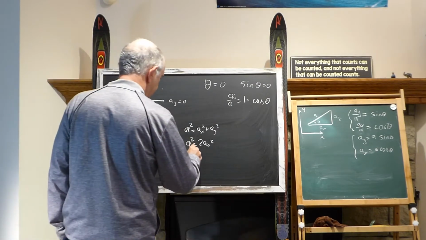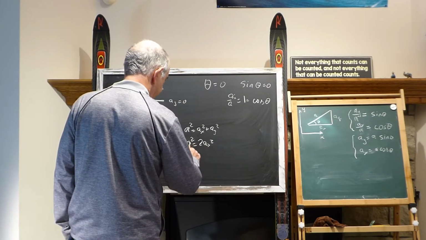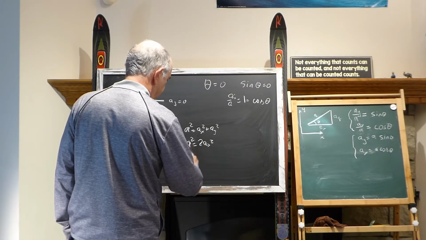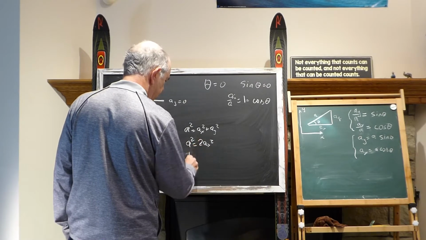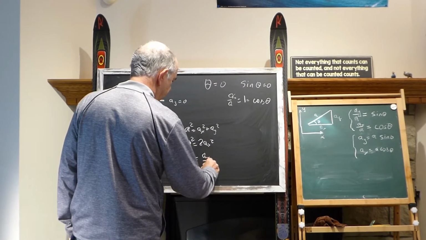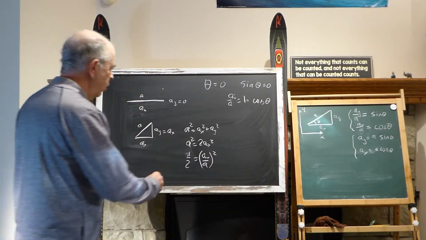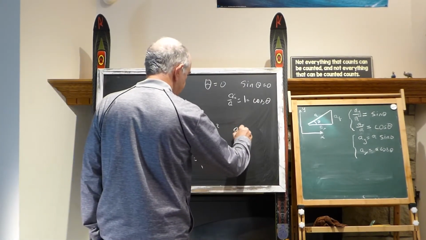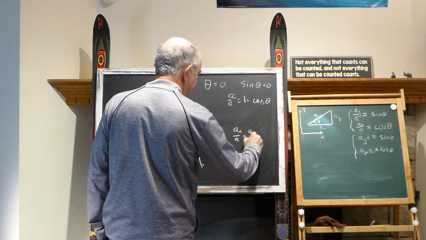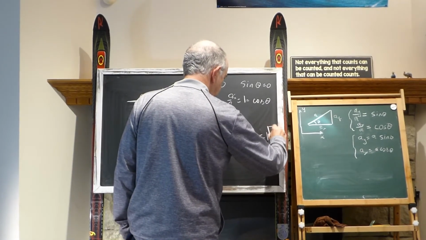If we resolve this, we immediately have 1 over 2, because I bring the 2 here, equals AX over A, all squared. And so I immediately know that AX over A, and by the way the same AY over A, equals the square root of 1/2.